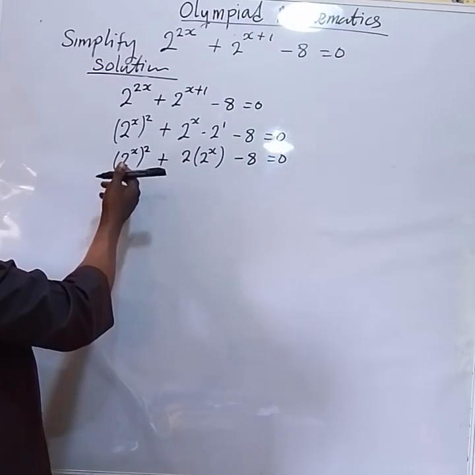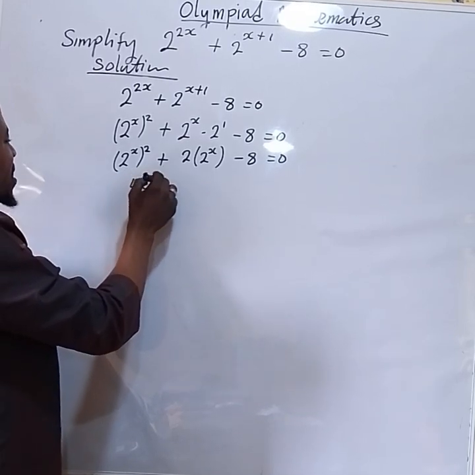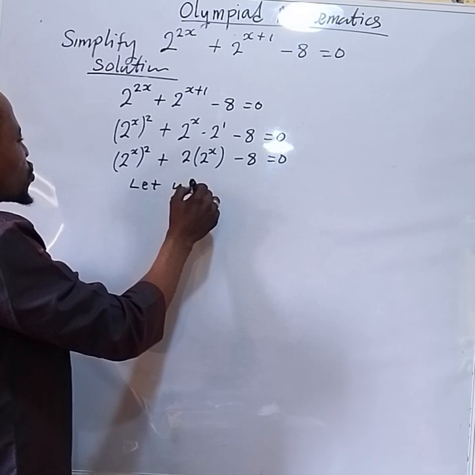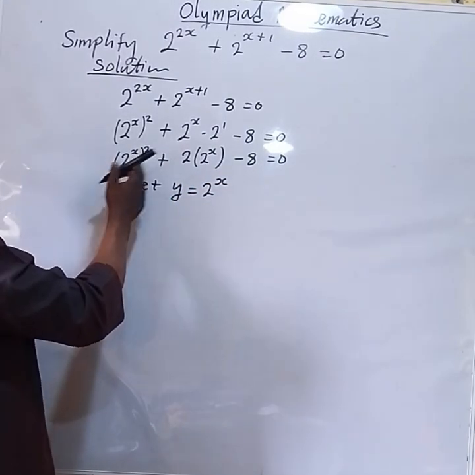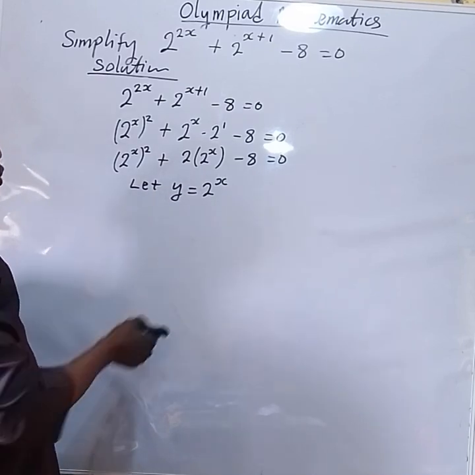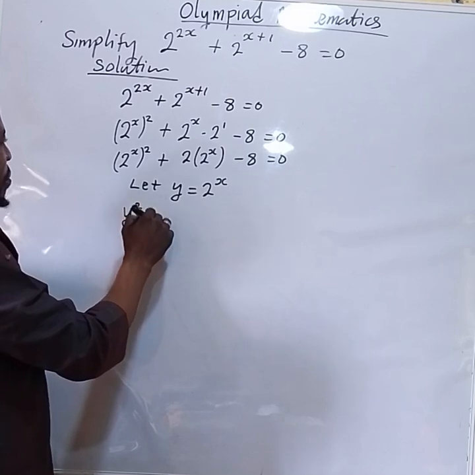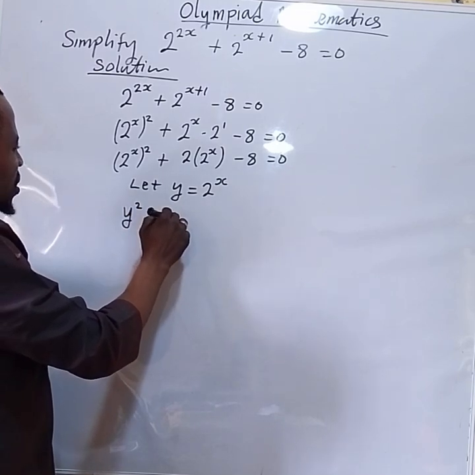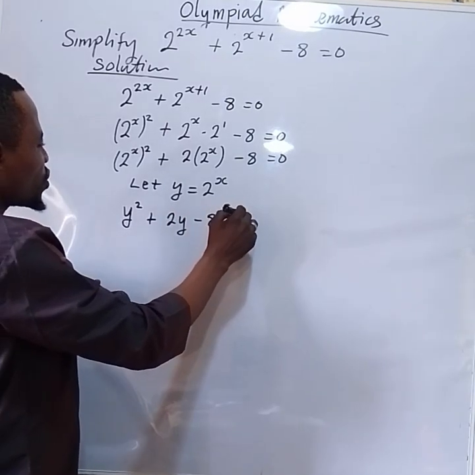Now when you look at what we have, we can easily say let y equals 2 raised to power x, because we have 2 raised to power x here, and 2 raised to power x there. So then it will give us y squared plus 2y minus 8 equals 0.